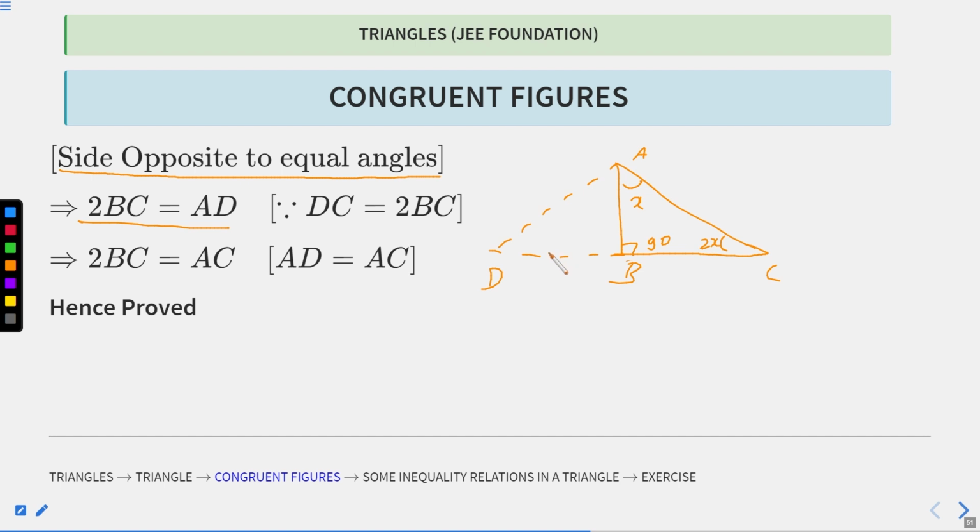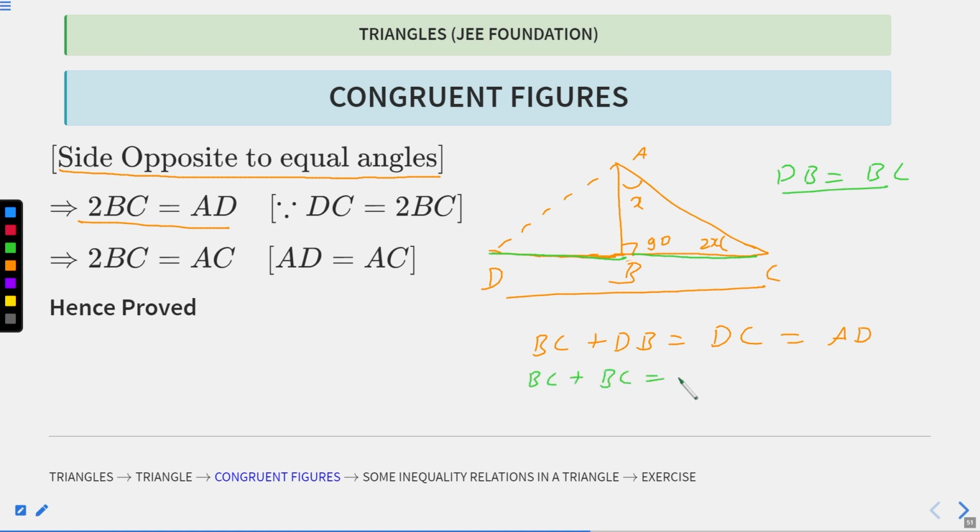Because BC plus DB is equal to DC, which is the whole DC, and we know DC is equal to AD, as shown previously. And we know DB is equal in length to BC. So I can rewrite BC plus DB as BC plus BC, and from this twice BC is equal to AD.